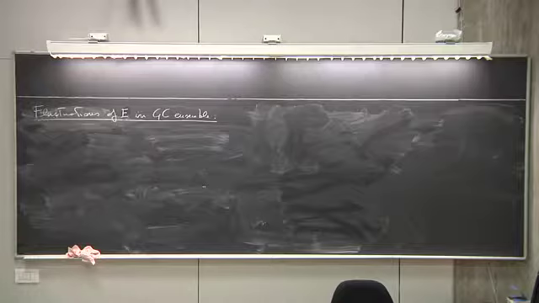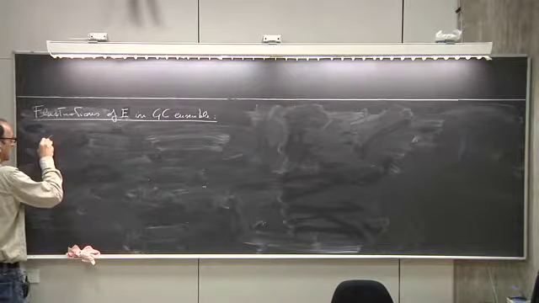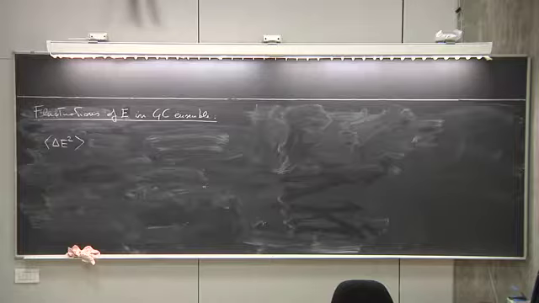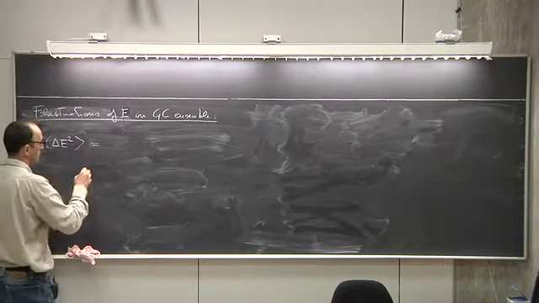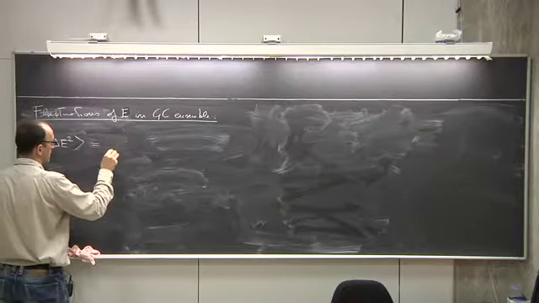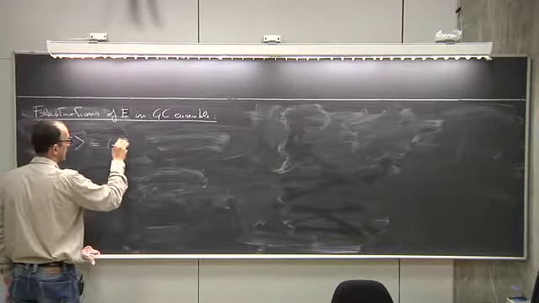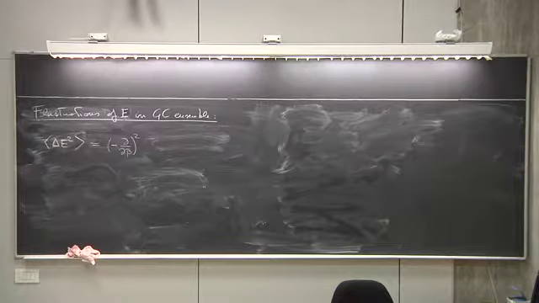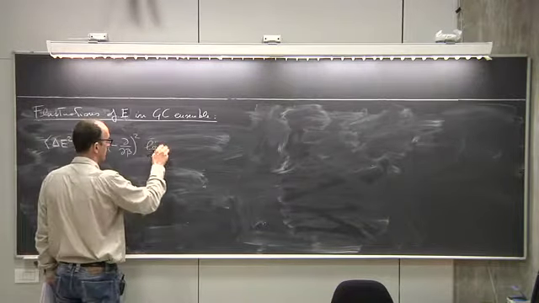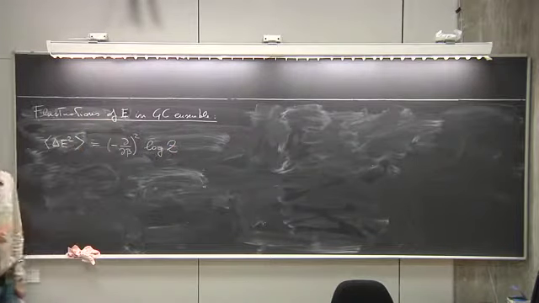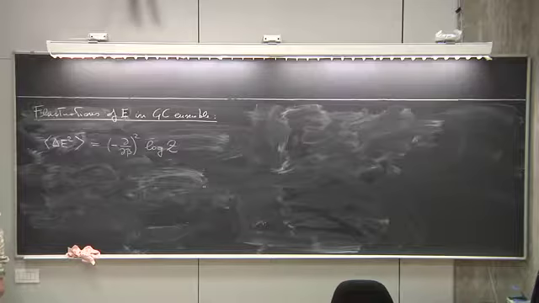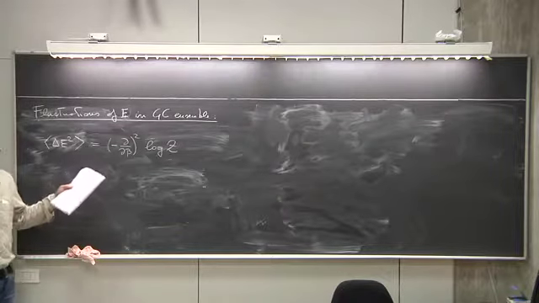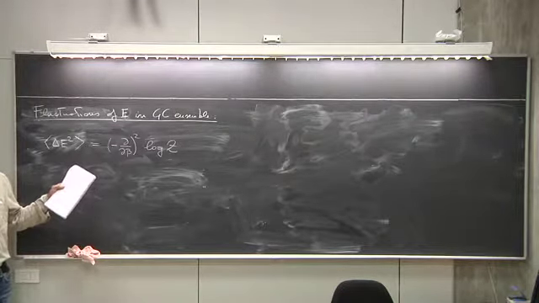For the fluctuation of the energy in the grand canonical ensemble, you can write a formula exactly equal to the one I wrote previously, because if you take twice the derivative with respect to beta of the log of the grand canonical partition function, this will produce exactly the fluctuation of the energy, by the same calculation, because every time you take a derivative with respect to beta, a factor of E comes down.